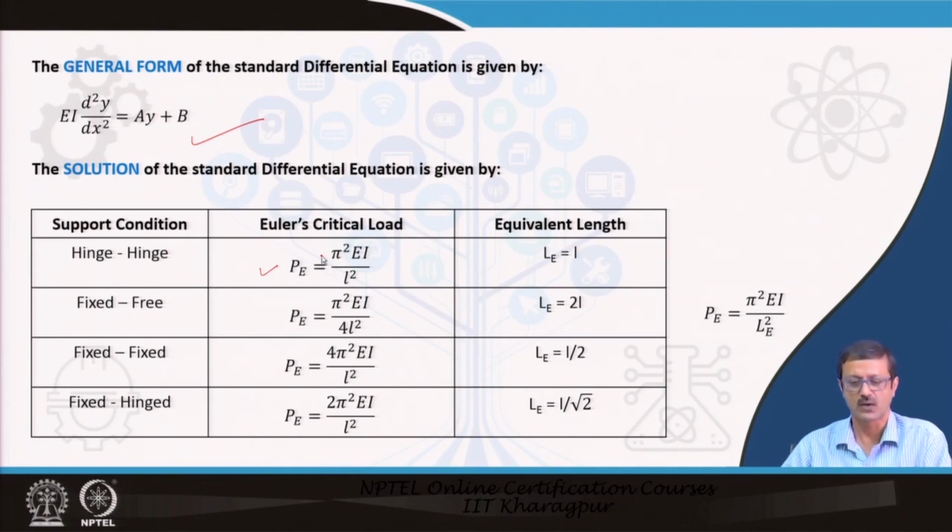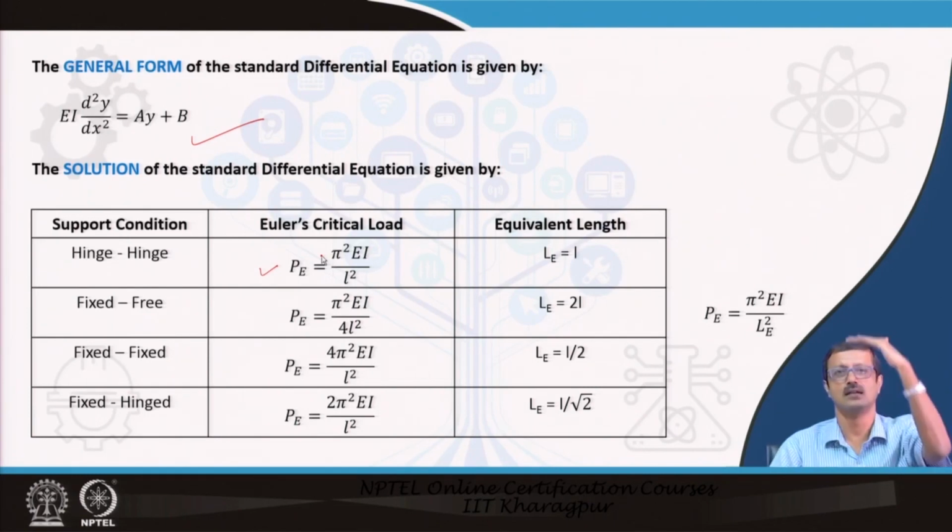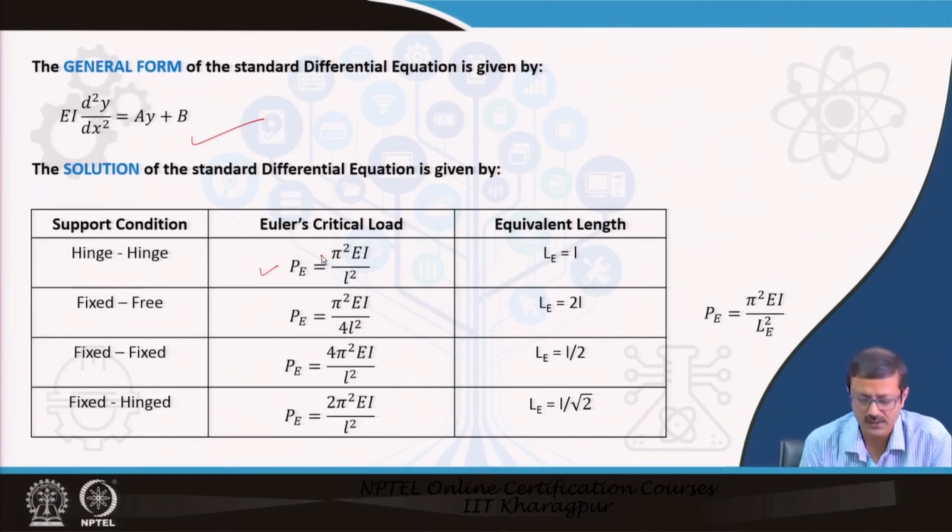We know what I is: the moment of inertia of the section, that is, how much is the moment of inertia, like bd cube by 12 and all those things. L is the length of the column, and there are always some numbers, this is 1 upon 4, this is 1 upon 2.